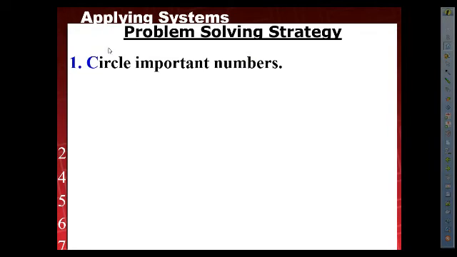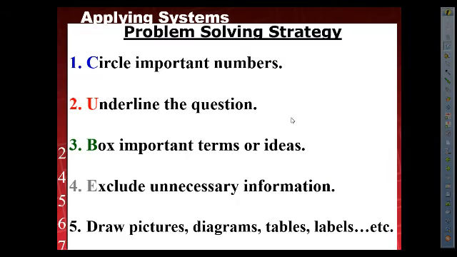Step 1, circle important numbers. Step 2, underline the question. Step 3, box the important terms or ideas. Step 4, exclude unnecessary information. Step 5, draw pictures, diagrams, tables, etc.